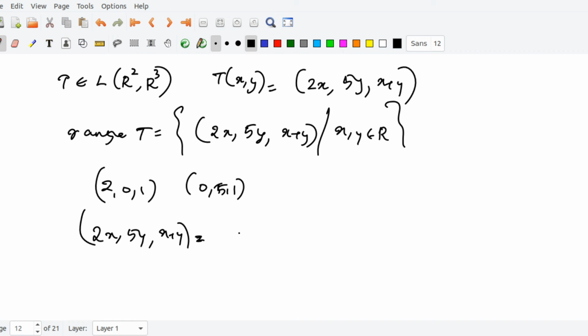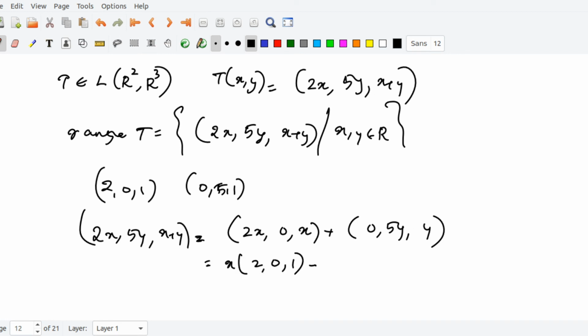If I split the x and y separately, then we can write this as x(2, 0, 1) plus y(0, 5, 1). So elements in the range are linear combinations of (2, 0, 1) and (0, 5, 1). These are linearly independent. Hence, we can say that the set {(2, 0, 1), (0, 5, 1)} is the basis of the range space.